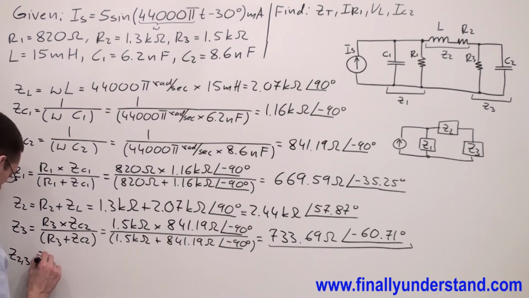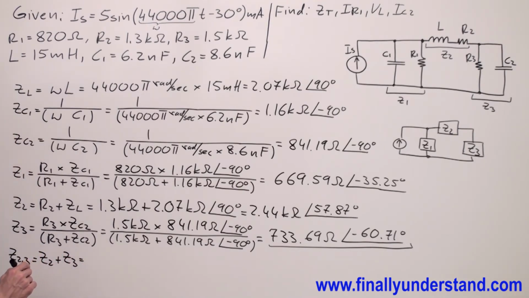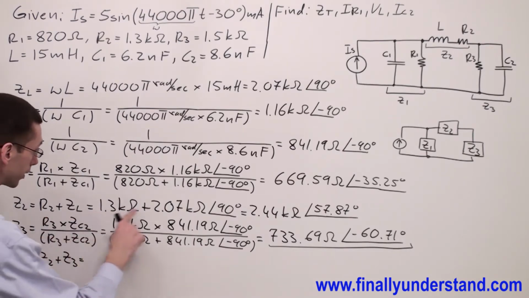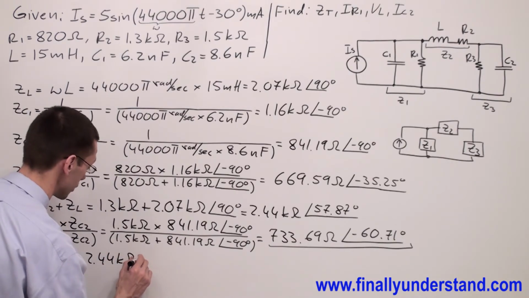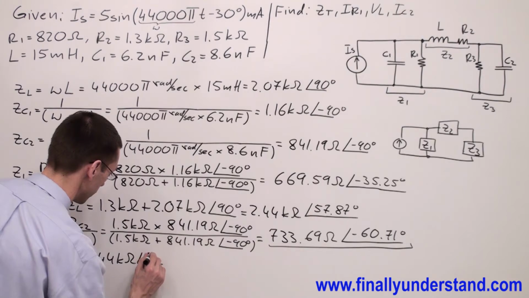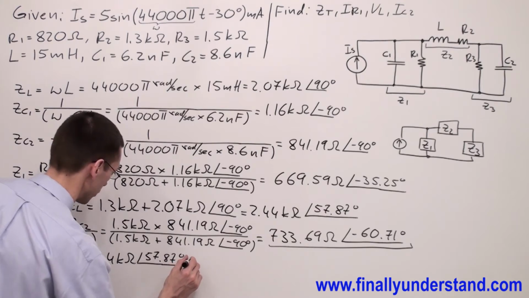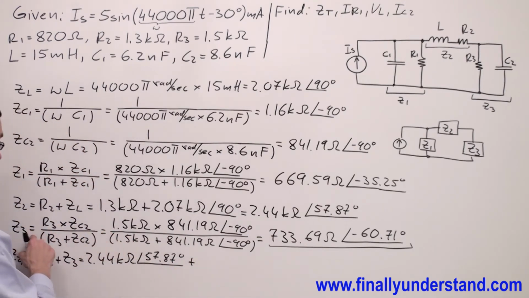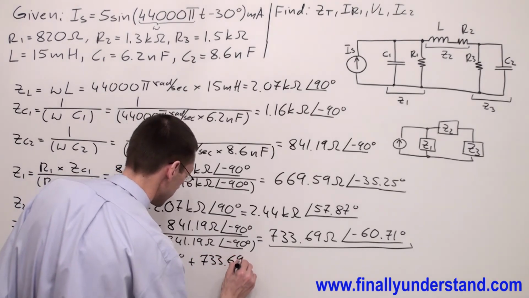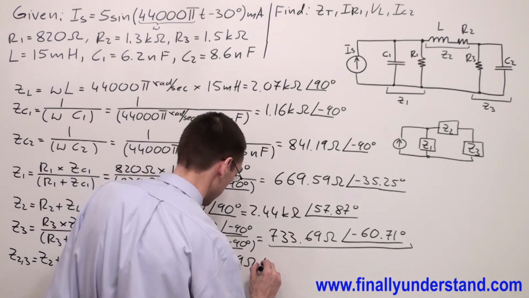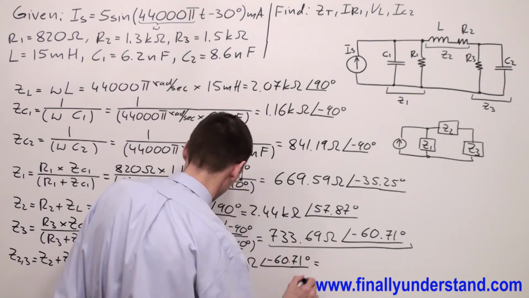Z23 is equal to Z2 plus Z3, where Z2 is equal to 2.44 kiloohms and angle of 57.87 degrees, plus Z3, which is equal to 733.69 ohms and angle of negative 60.71 degrees.